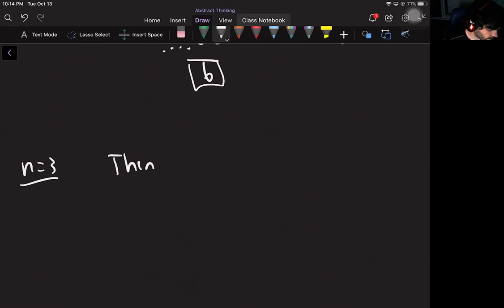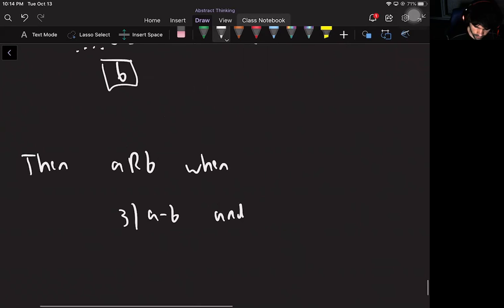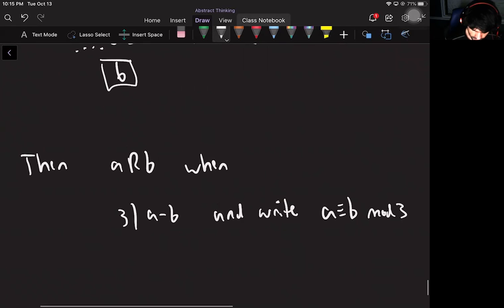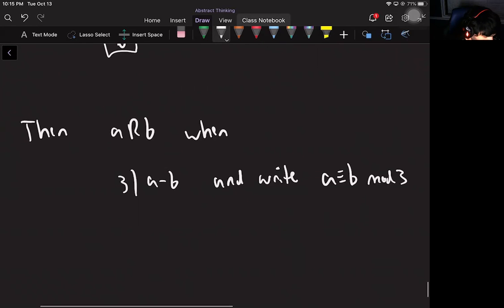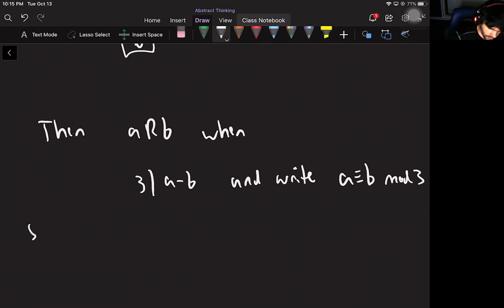So if I pick 3, then what I'm saying is that A is related to B when 3 divides their difference. And then we write, when that happens, A is congruent to B mod 3. So the same exact idea happens.